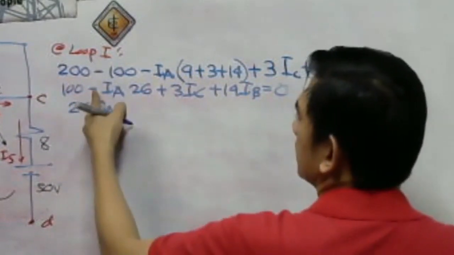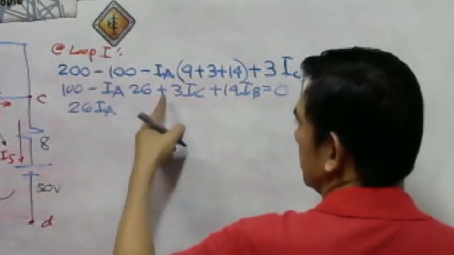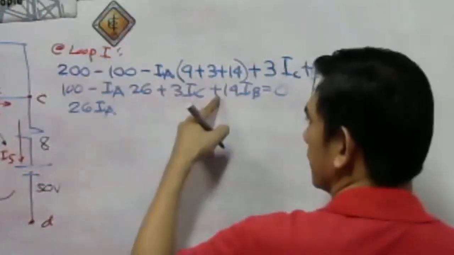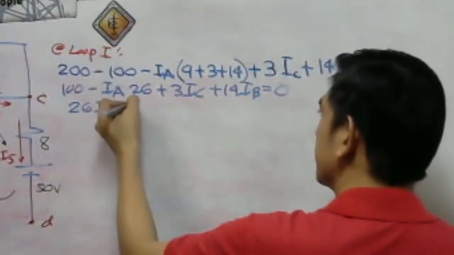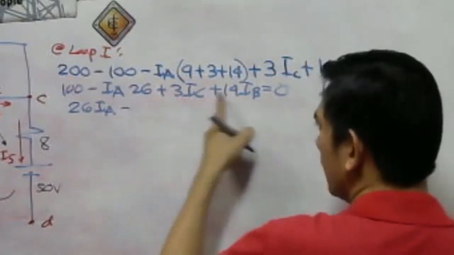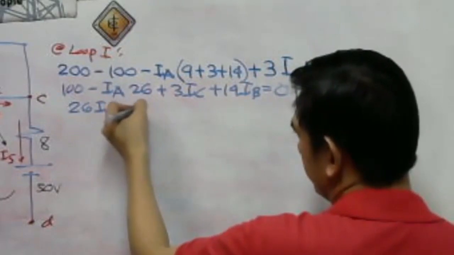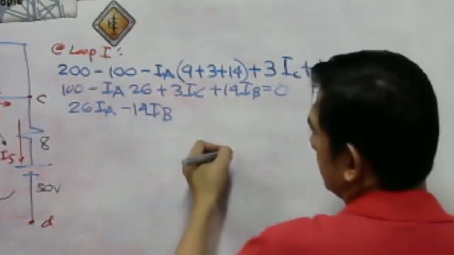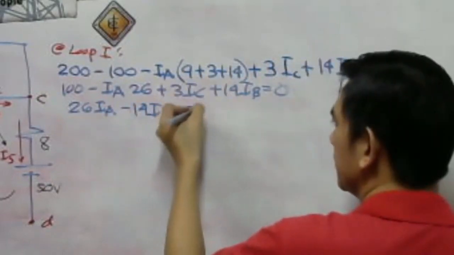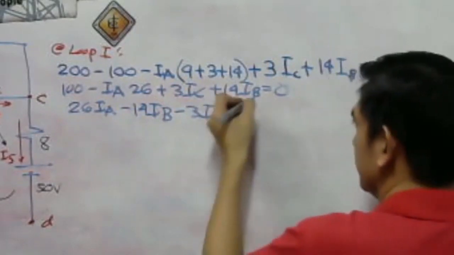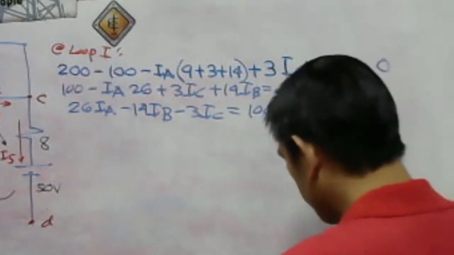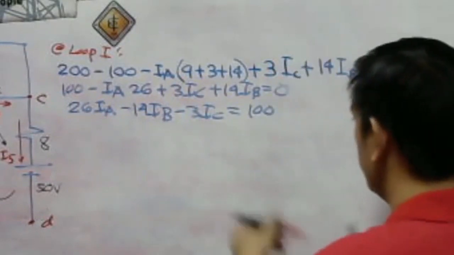The positive terms will become negative if we transpose, so negative 14 IB and negative 3 IC, equal to 100. That is our equation number 1.